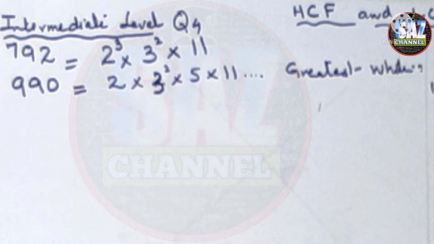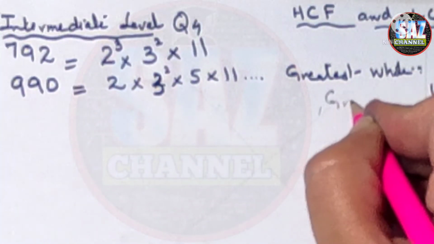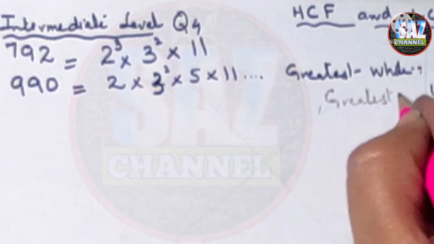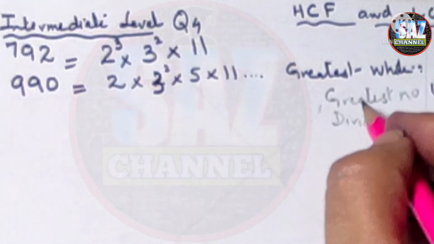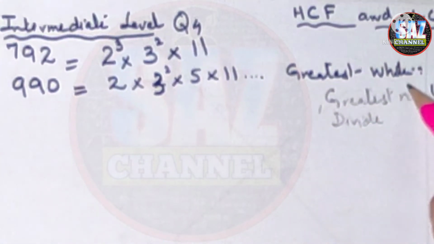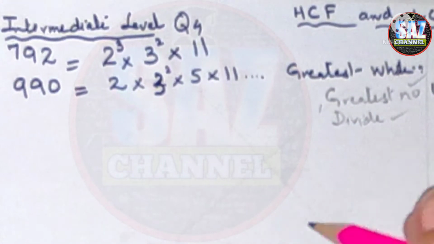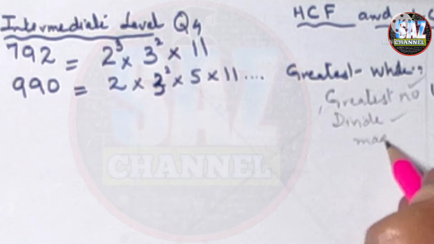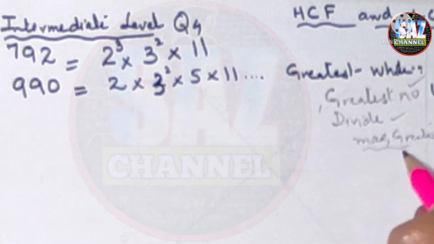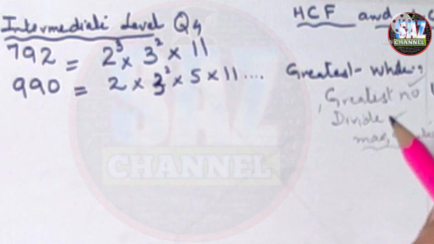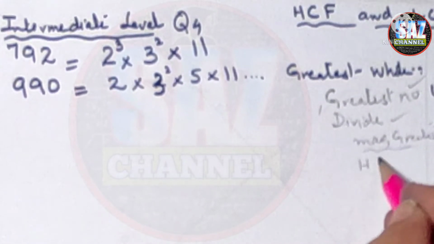Here the term "the greatest number that will divide both the numbers exactly" is really important to understand. Whenever the situation is that you have to find the maximum or greatest, or you have to divide something into groups, in all such cases you have to find the HCF.